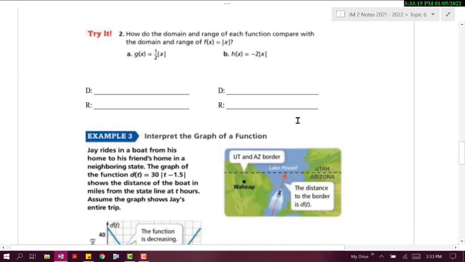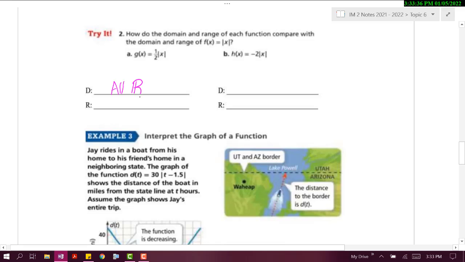How do the domain and range of each function compare with the domain and range of f of x equals absolute value of x? Well, these are still all v's, because that's what absolute value is. So in letter A, our domain is still going to be all real numbers.